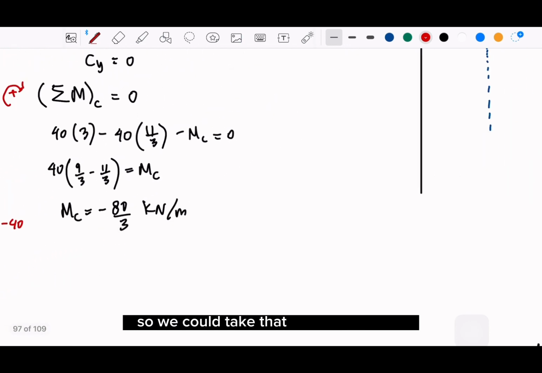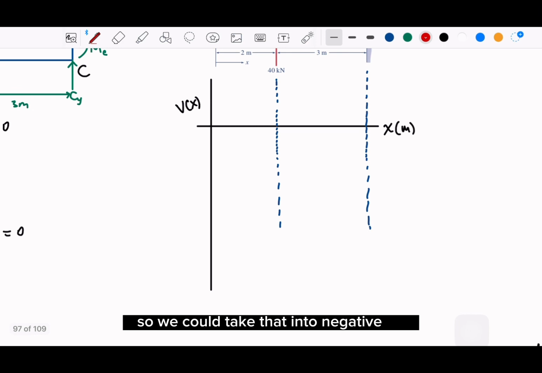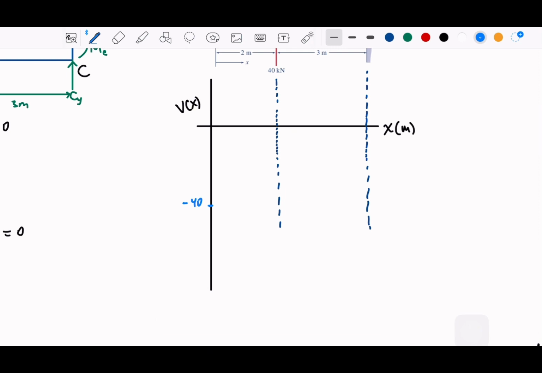So we could take that to negative 40, probably around here. Let's say this is negative 40, this is 20, this is 0. I think that's not really a parabola; this way is better. Okay, so we have this.